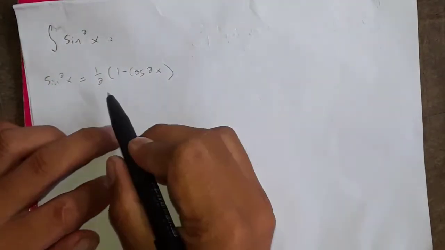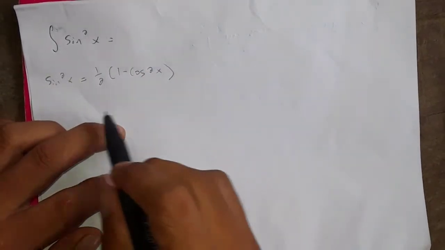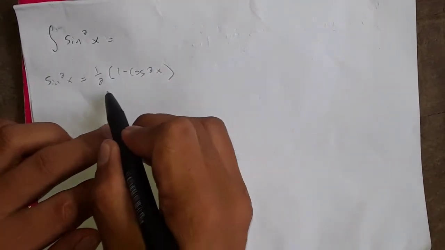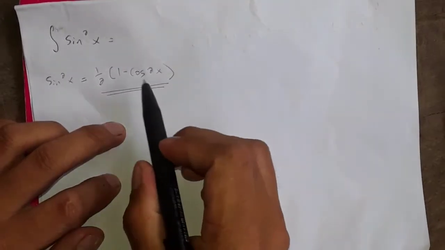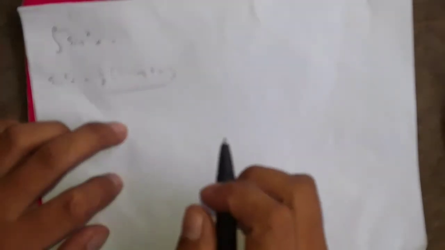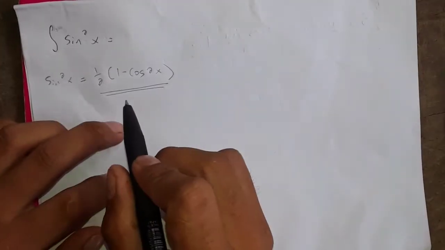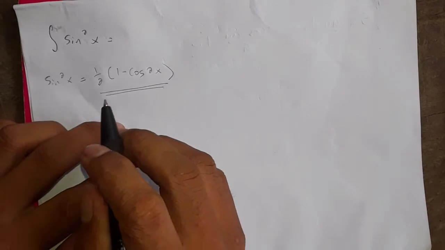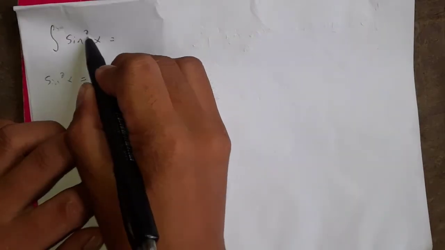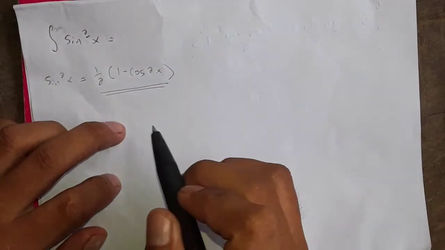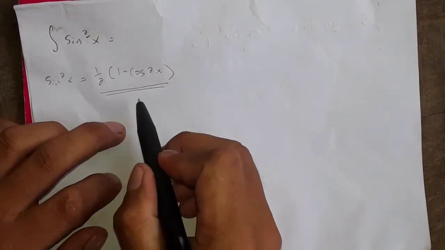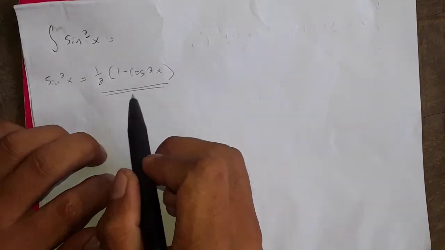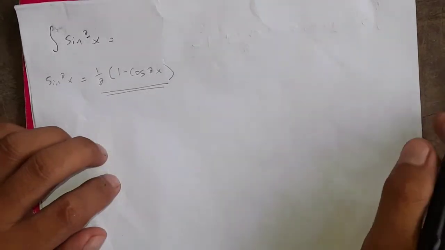So substituting the original function by this equivalent function, we can easily integrate now because the exponent was reduced. What you need to remember here is that if a sine function or a cosine function is raised to an even number exponent, we use double angle identities.